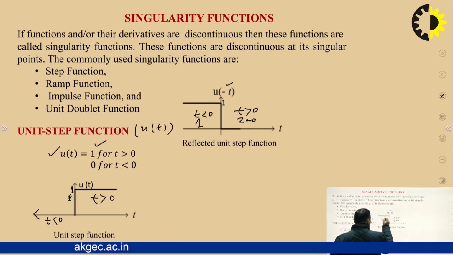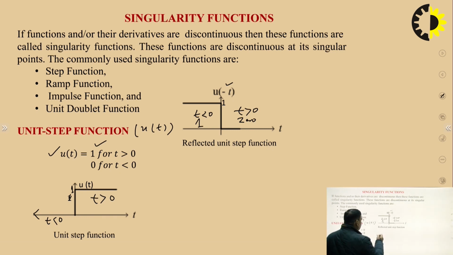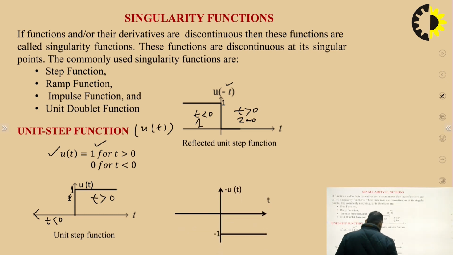So u(minus t) is defined from minus infinity to 0. We can also have amplitude reversal, which is basically minus u(t). So this is the minus u(t) function. These are the graphical representations of the unit step function.